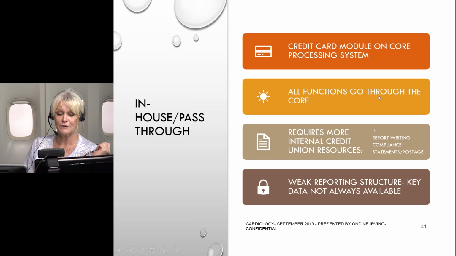All functions go through the core, including all the limitations on promotions and rates and things like that. Requires more internal credit union resources from IT, report writing, compliance, statements, postage, and the reporting is just horrendous. It really, really is. If they're going to be selling the modules, then they need to sell the reporting to back it up. Were there questions?